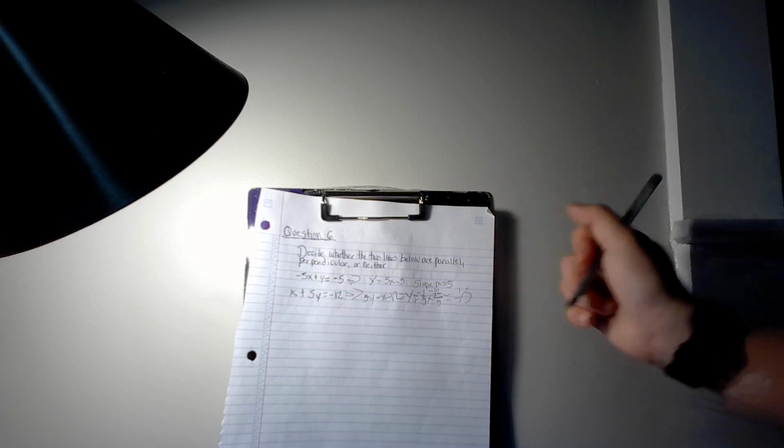So 5 and -1/5 are negative reciprocals. That would mean that the lines are perpendicular.